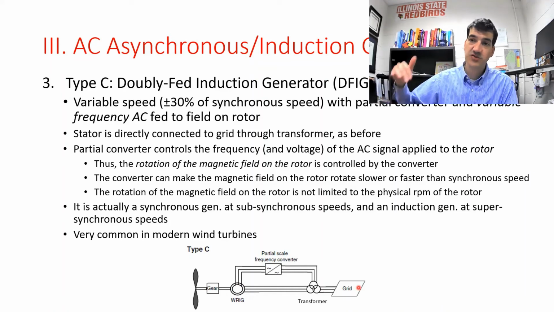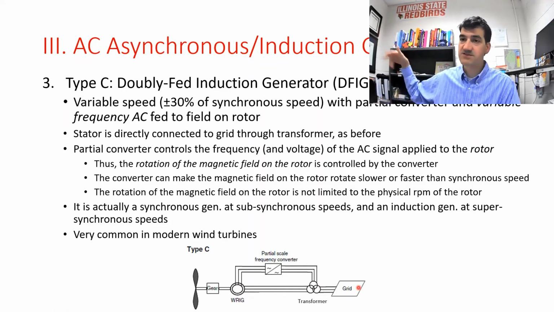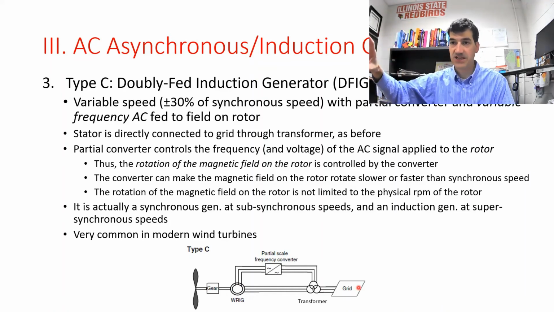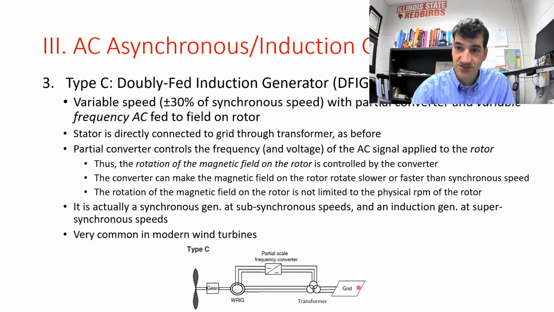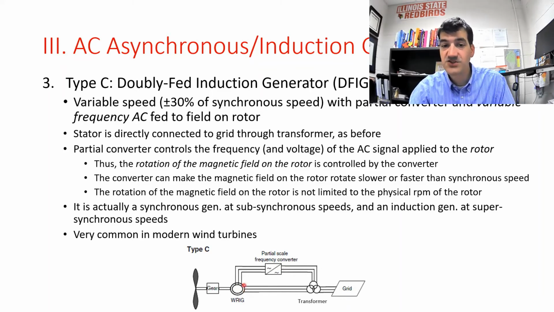However, at super synchronous speeds, when the wind is blowing fast and mechanically my rotor is rotating more than 1200 RPM, I actually induce a voltage in the rotor, and I also induce a voltage in the armature, all right? So I actually have current coming out of the armature and the rotor. The current coming out of the armature just goes back onto the electric grid.